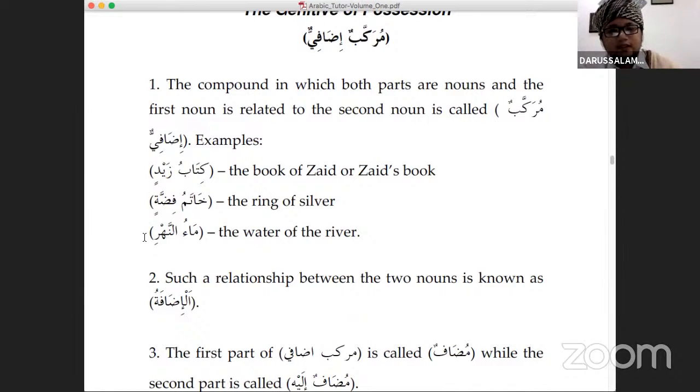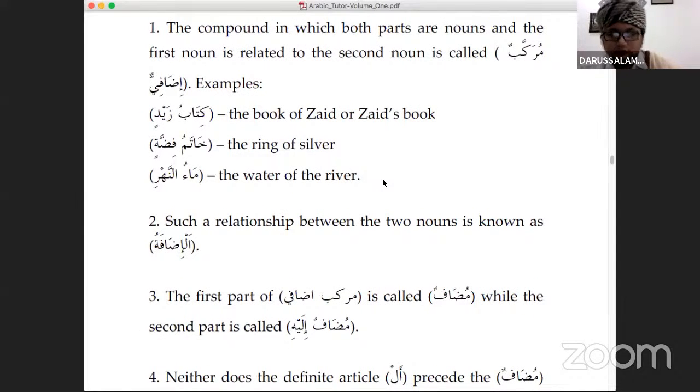Or another way of saying it is, you say the mudafun ilayh first, Zaid, and then apostrophe S: Zaid's book. So the book of Zaid, or Zaid's book. There are other ways of translating it as well, but we'll talk about that later.